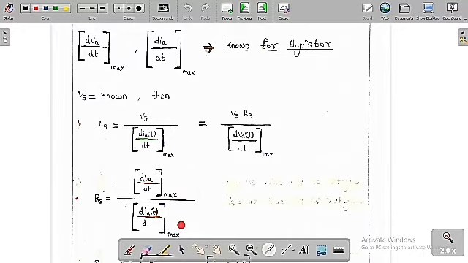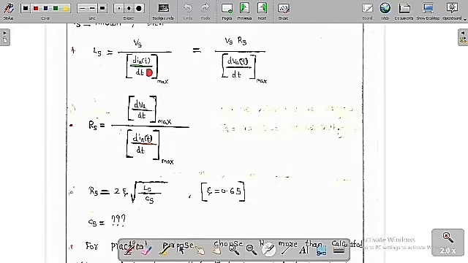So Ls is equal to Vs by the maximum dIA by dt, whereas Rs is equal to the maximum dVA by dt by the maximum dIA by dt. From these two equations we know the value of Ls and the value of Rs.